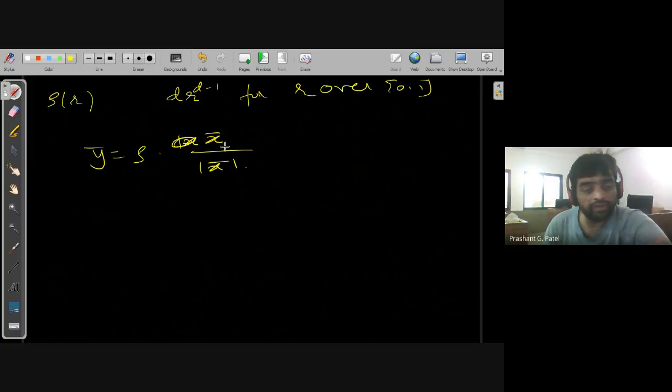We'll need to see what is the Gaussian in high dimension. So for that, can somebody tell me what will be the Gaussian in one dimension? Normal distribution in one dimension.